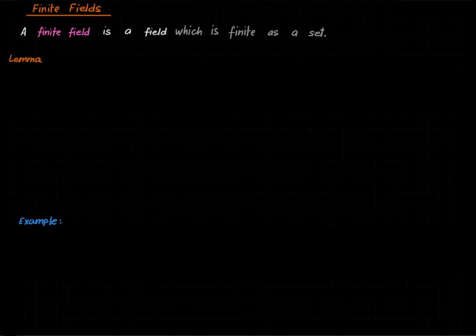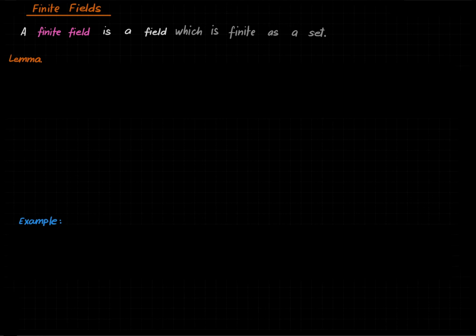Right? A field is a triple. It is a set with an addition and a multiplication with certain properties. So if you throw away the addition and the multiplication and only retain the set, if that set is a finite set, then you call the field a finite field. It's a natural definition. Now the question is, are there examples of finite fields?